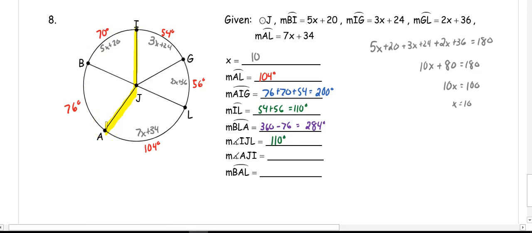So we can add 76 plus 70, which would get us 146. Then our last arc that it's asking us to find is BAL. Well, remember that BL is a diameter, so it's creating a semicircle, which is going to have 180 degrees.